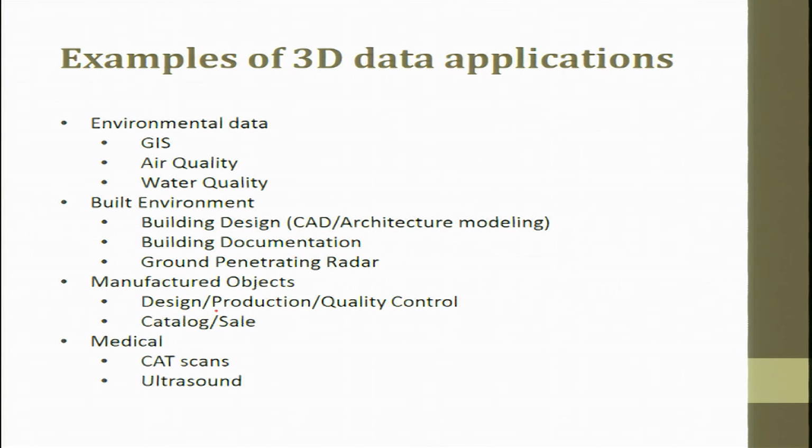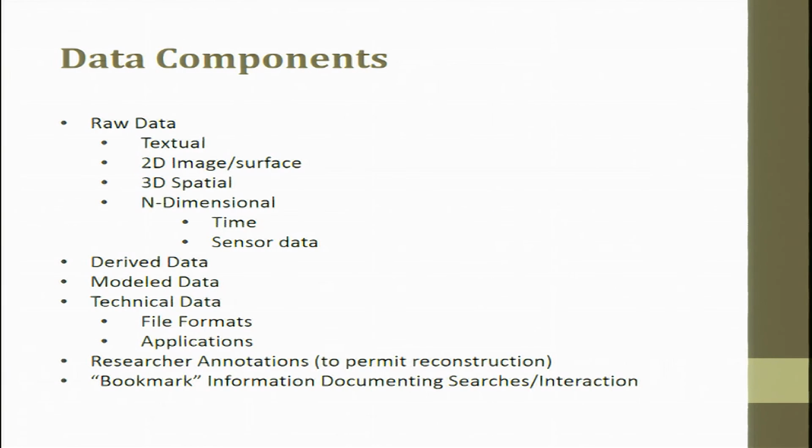Here are examples of 3D data applications. Environmental data, GIS, air quality, water quality, building data, manufacturing data and medical data all use 3D data applications. Raw data components include raw data, textured, 2D image, spatial, and n-dimensional image in terms of time and sensor data.